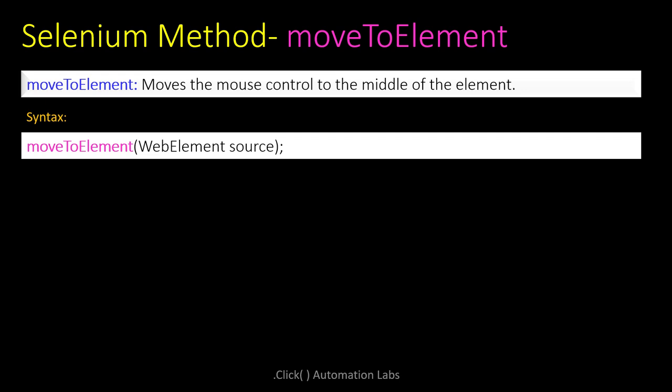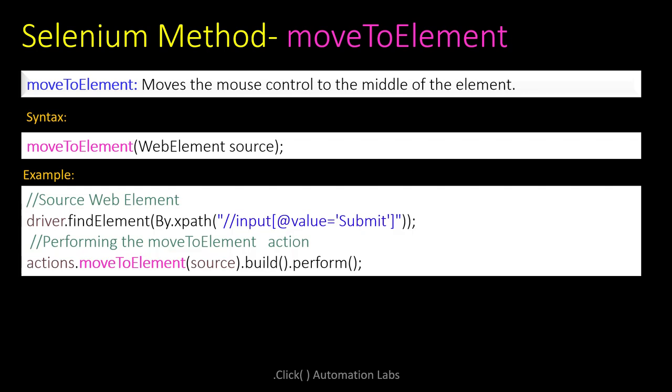So moveToElement will take one argument, a web element, which is nothing but the source. To which element you wanted to move, you need to pass that web element's ID or properties. Here is one example: driver.findElement(By.xpath(some value)), and actions.moveToElement, and you are passing the source over here.